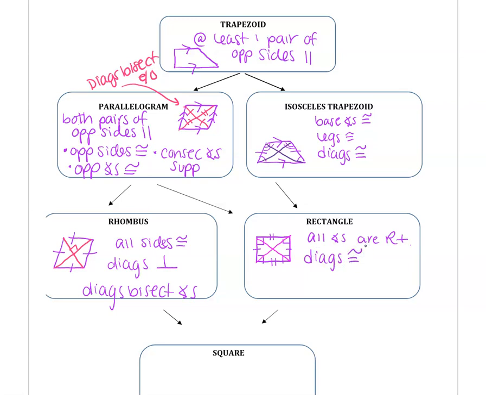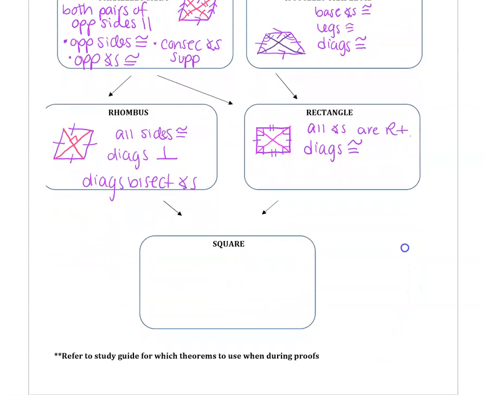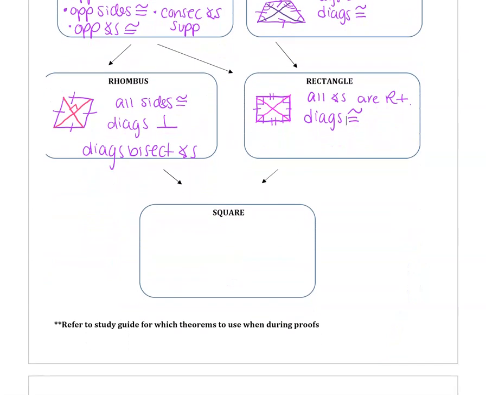Now, you put a rhombus and a rectangle together, and that's where you're going to end up getting a square. So we know all the sides are congruent and all the angles are right angles. And then obviously all the parallelogram properties apply up above as well.